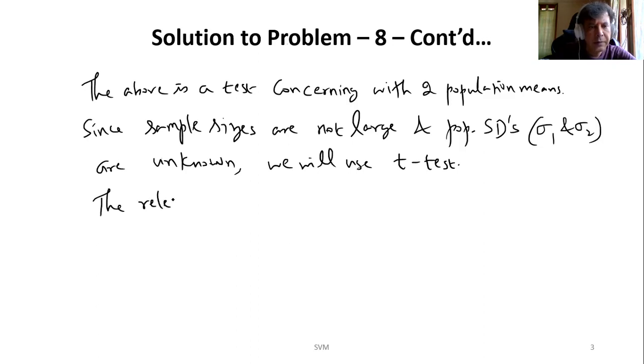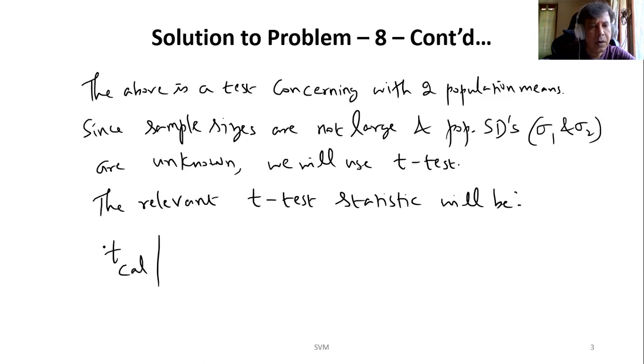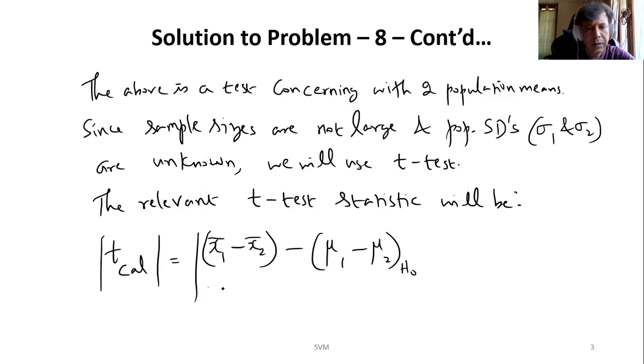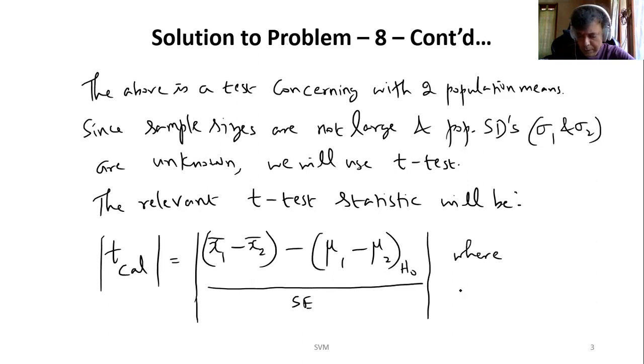The relevant t-test statistic will be t calculated, under modulus, is equal to the modulus of x1 bar minus x2 bar minus mu1 minus mu2 under H naught, the whole thing divided by the standard error, where this standard error is sigma times square root of 1 by n1 plus 1 by n2.